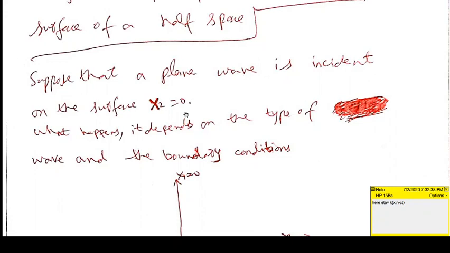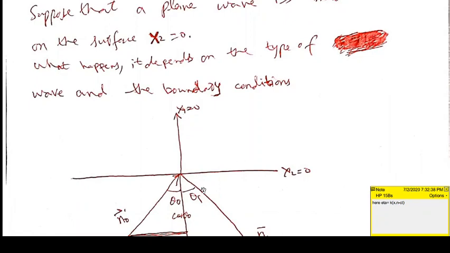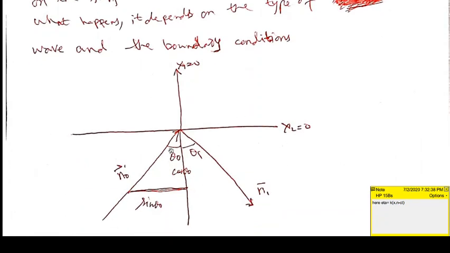Suppose that we have the plane x2, and we have a wave which is incident on this. This is the polarization vector, and this is the propagation vector of the incident wave, n naught, and this is the theta naught angle which this propagation vector will make with the normal vector, which is the normal on the surface of the plane x2.